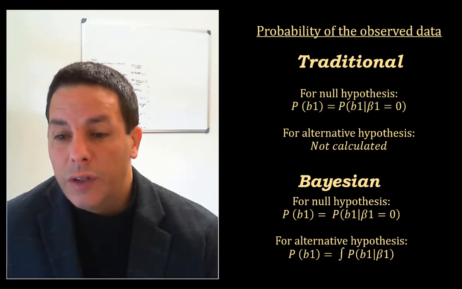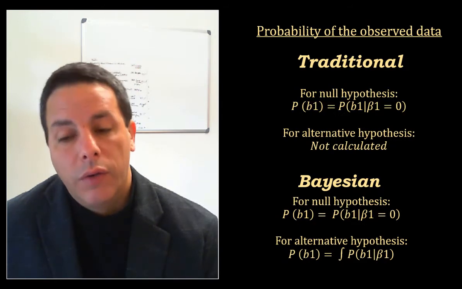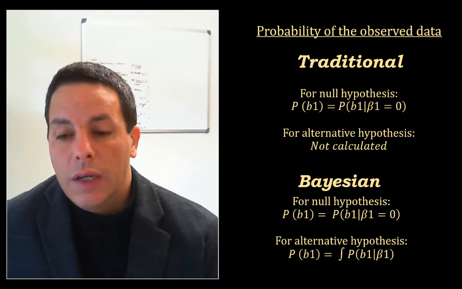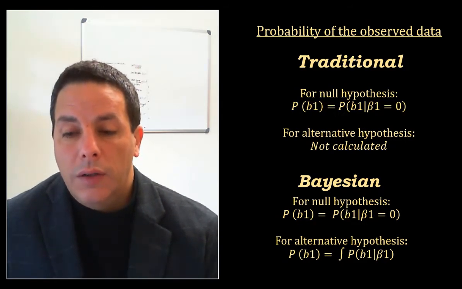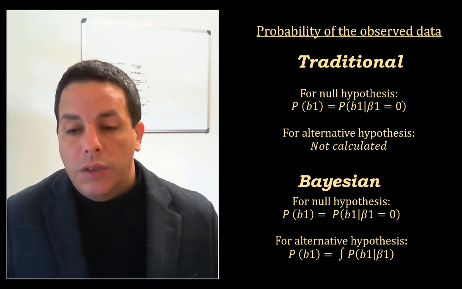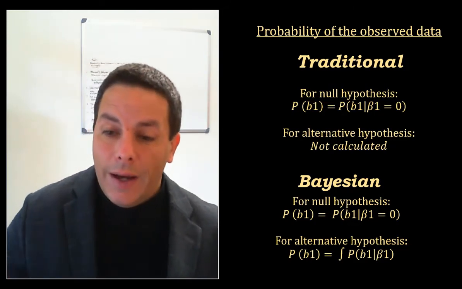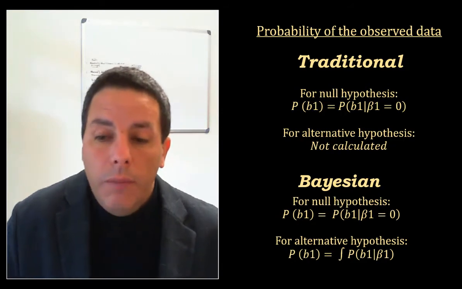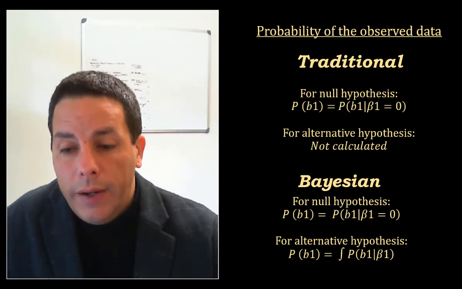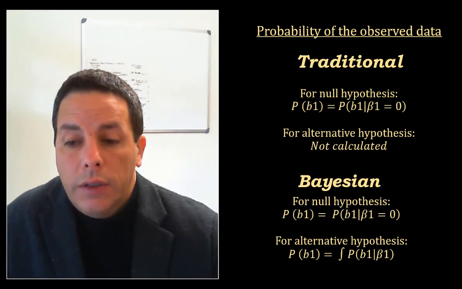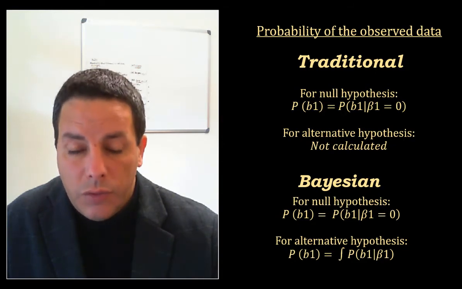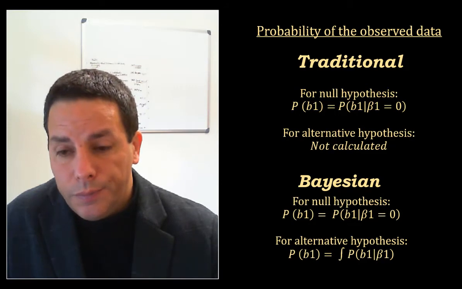We can observe infinite numbers of possible beta 1. So when we have an infinite sample space, then we use calculus. We need to do integration rather than addition. Now we may ask why I didn't put here multiply these by the prior, because that's what we effectively have to do.